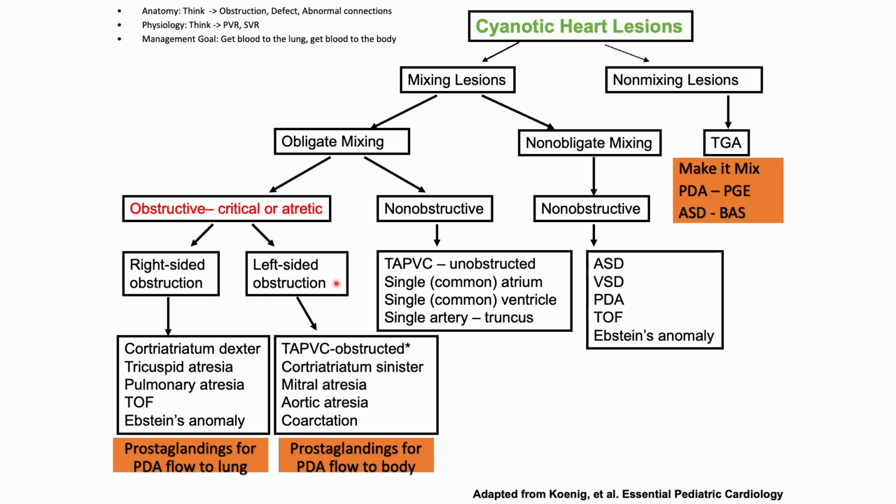On the other side, with left-sided obstruction, things like total anomalous pulmonary venous return that is obstructed, cor triatriatum sinister, mitral atresia, aortic atresia, coarctation, you are going to need prostaglandins so that the PDA can stay open and supply blood to the body.